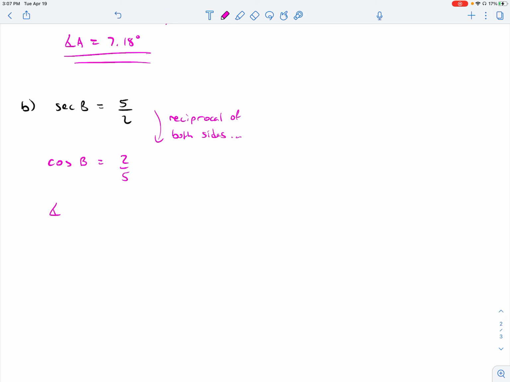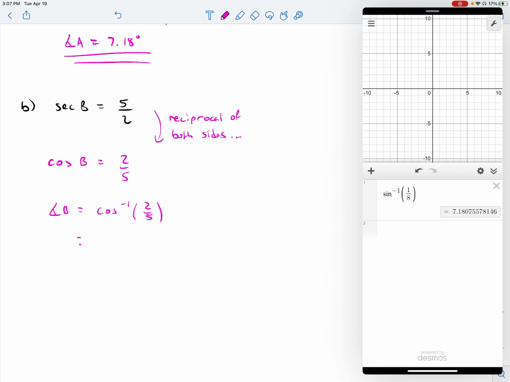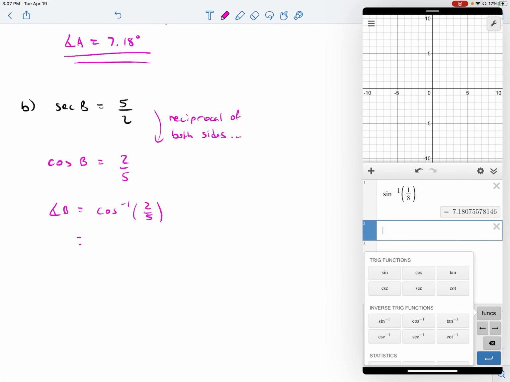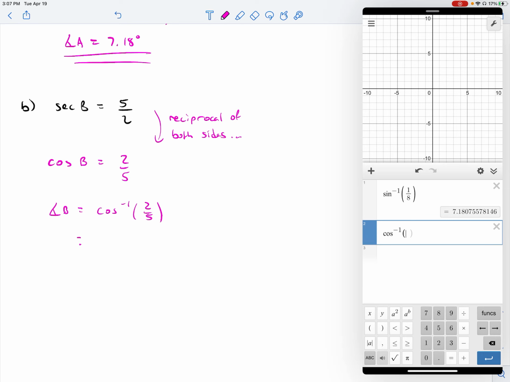Now to find angle B, I'm going to take the cos inverse of 2 over 5. Cos inverse of 2 divided by 5 gives 66.4 degrees, so it would just be 66 degrees. So that's angle B.